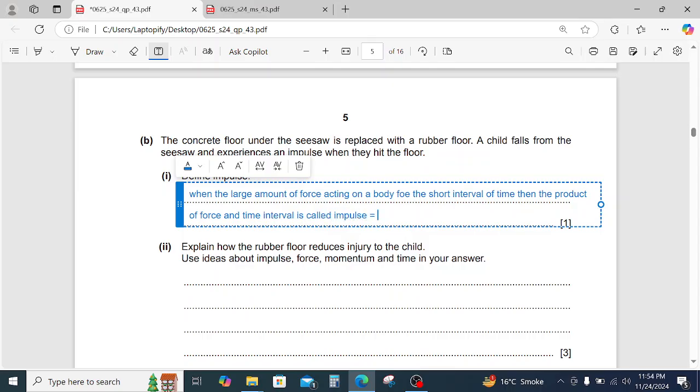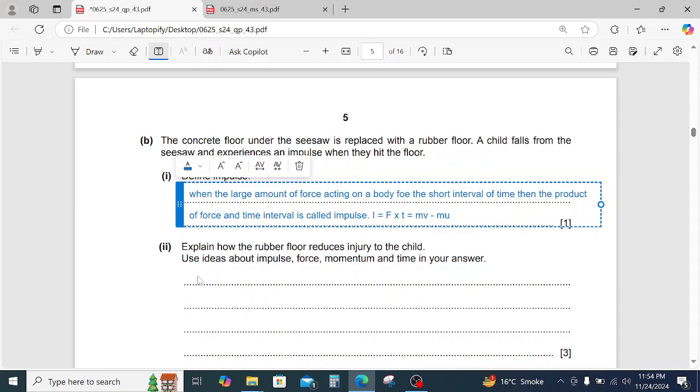Basically, impulse is represented by I, force into time taken. Okay, it will change the momentum of your object. So impulse causes the change in momentum. I have written the complete definition.